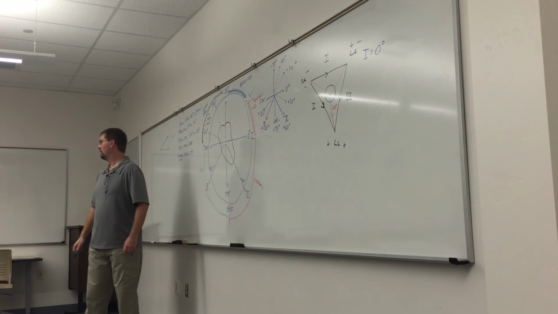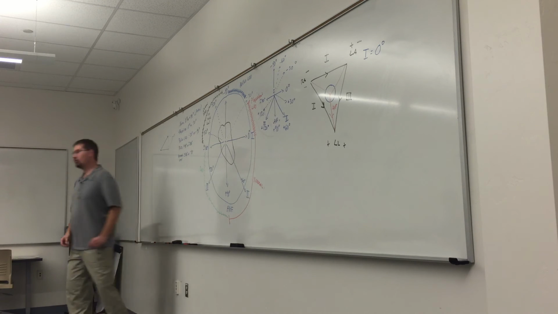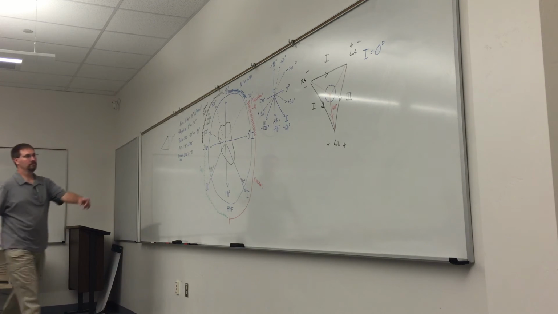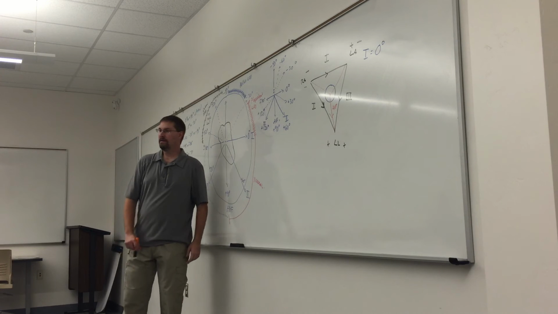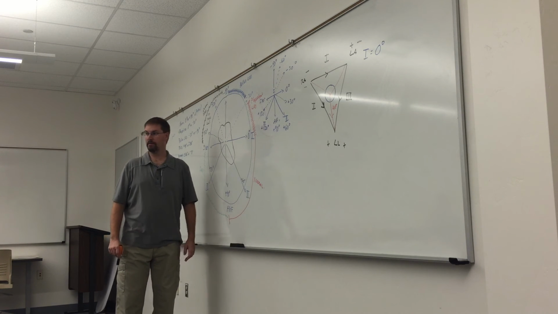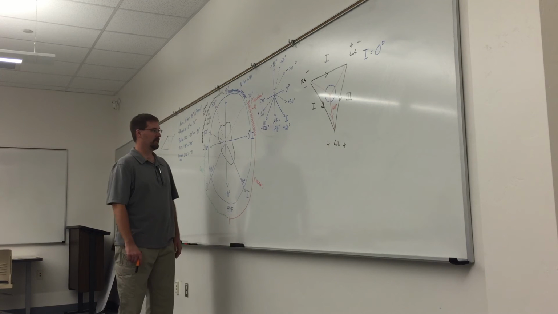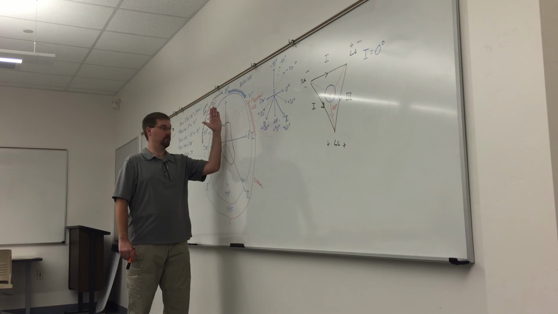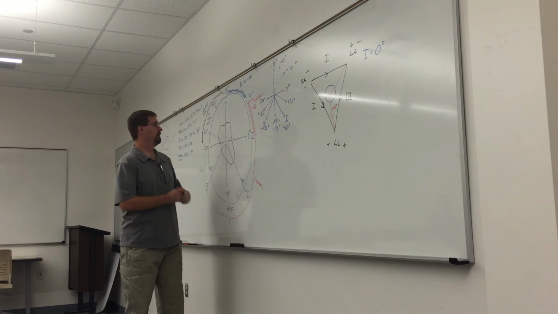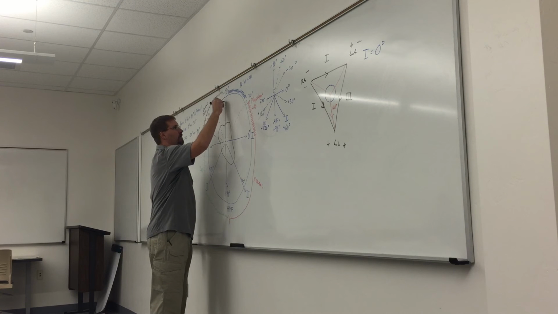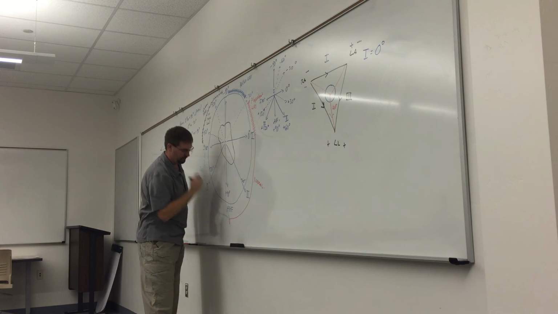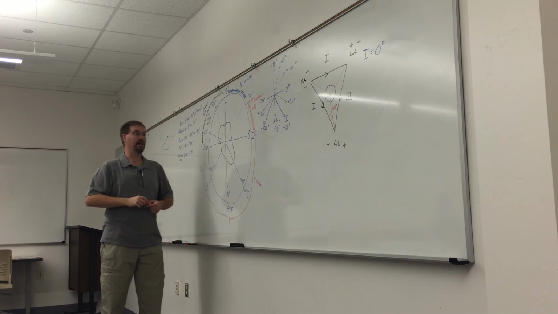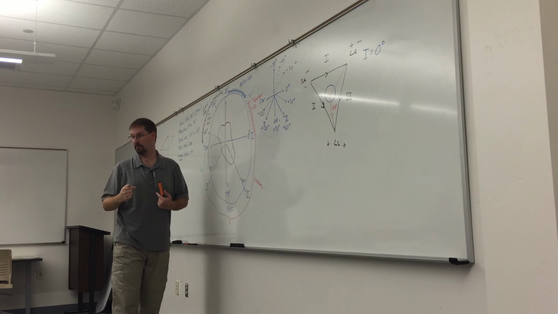What I'm going to do is draw a line. I'm going to go to lead 1 and draw a line that is perpendicular to lead 1. What line would be perpendicular to lead 1? That would be this line here, right? You guys cool with that? I'm going to have an imaginary line here. So I'm looking at lead 1, and that's my imaginary line. Then I ask, is the QRS up or down?